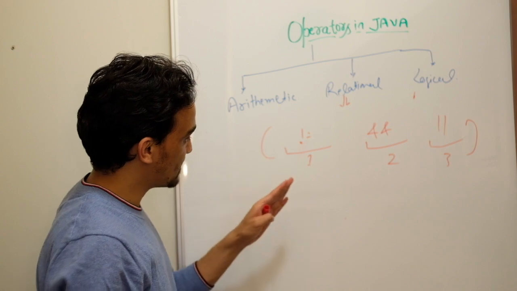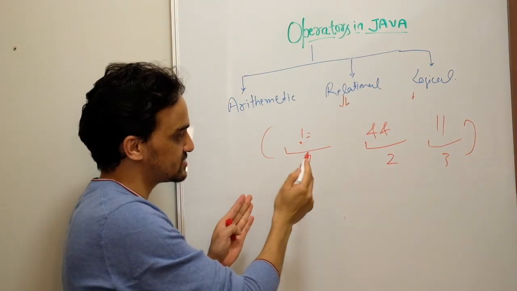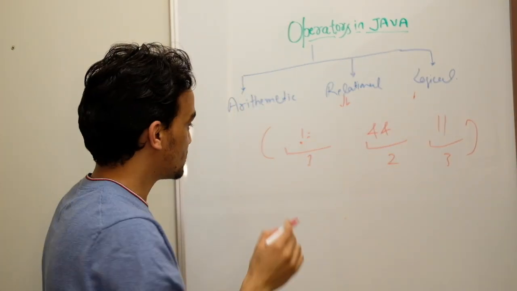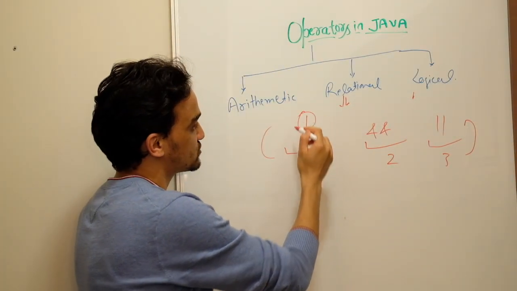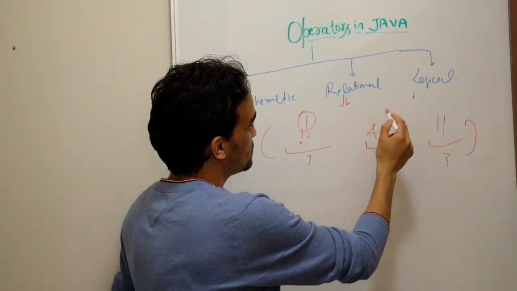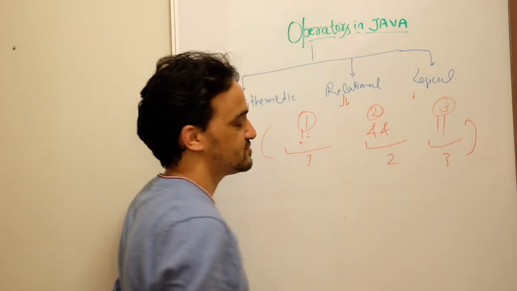So any time we have these three operators in one condition, the first priority goes to the relational not equal to, the second goes to the and, and the third goes to or.